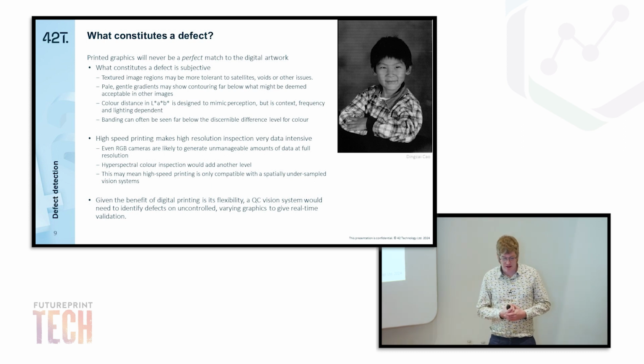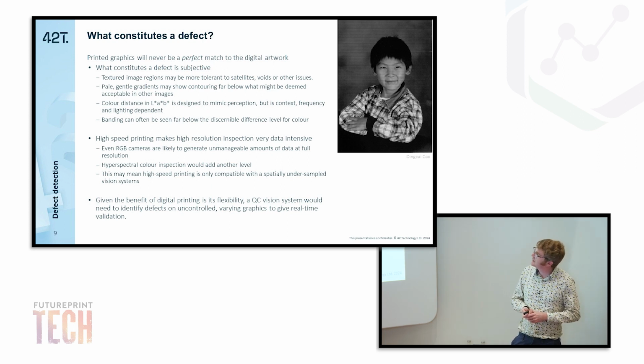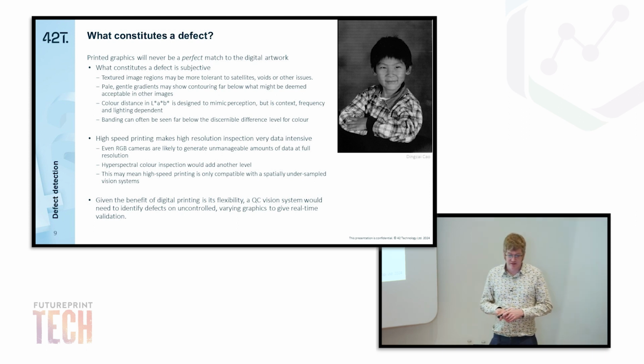Color distance, LAB color distance is designed to mimic perception, but it's context, frequency, and lighting dependent. So banding can often actually be seen far below the discernible difference for level of color. And high-speed printing makes high-resolution inspection very data-intensive. So even RGB cameras are likely to generate unmanageable amounts of data at full resolution.